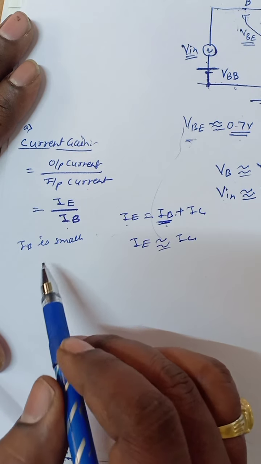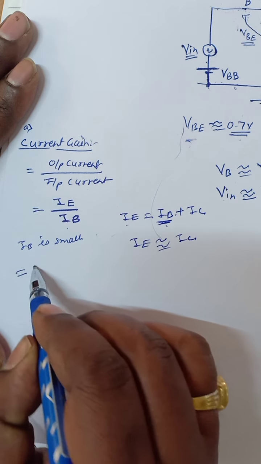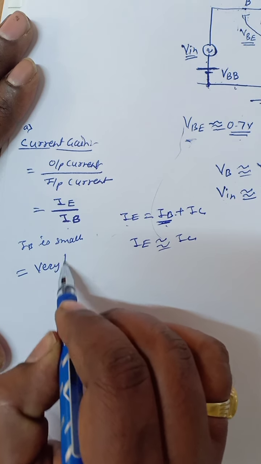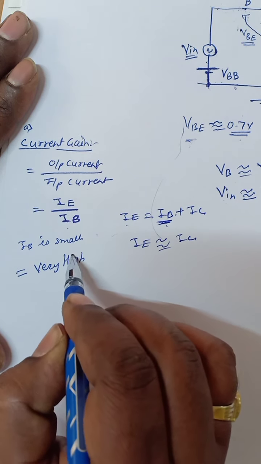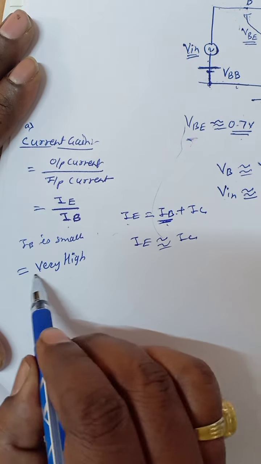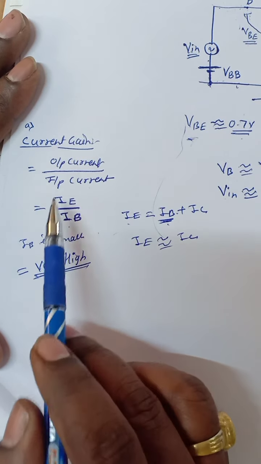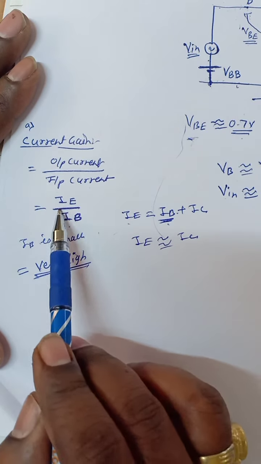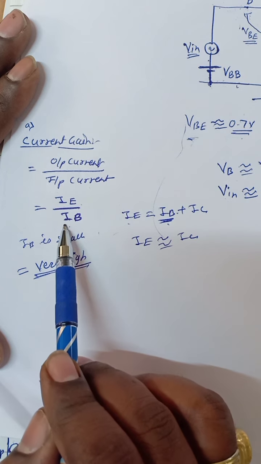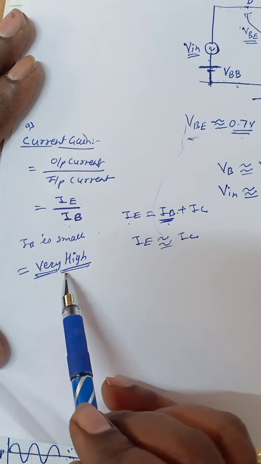So IB is very small, therefore this current gain, output current IE divided by input current IB, is very high.